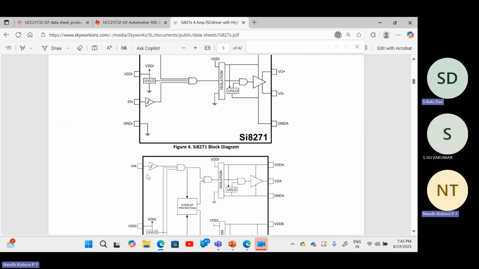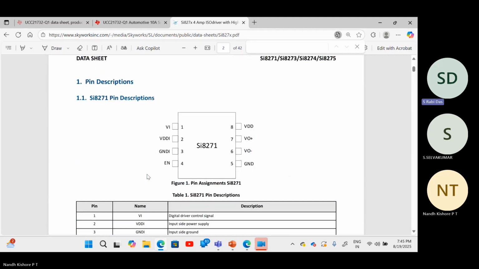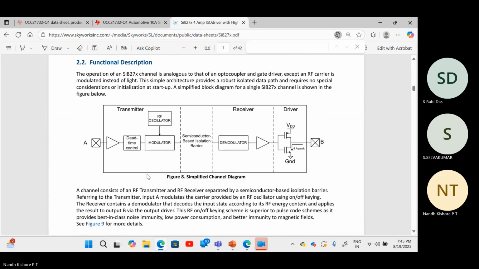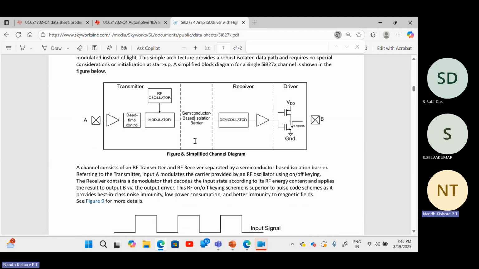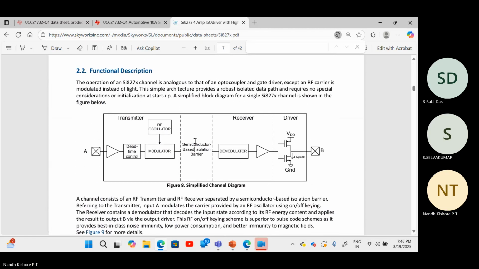They have mentioned a semiconductor based isolation. Okay. So you can use this, it's not a problem. Okay, we'll see then, I can check.